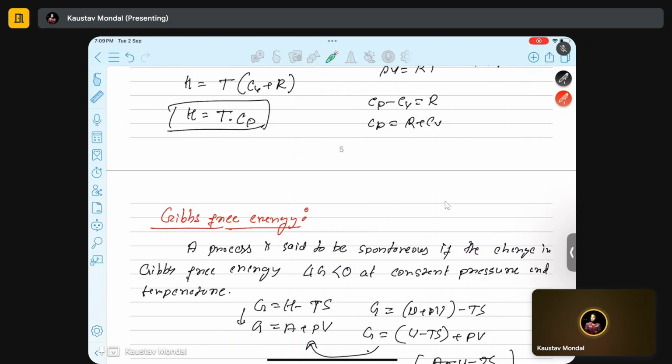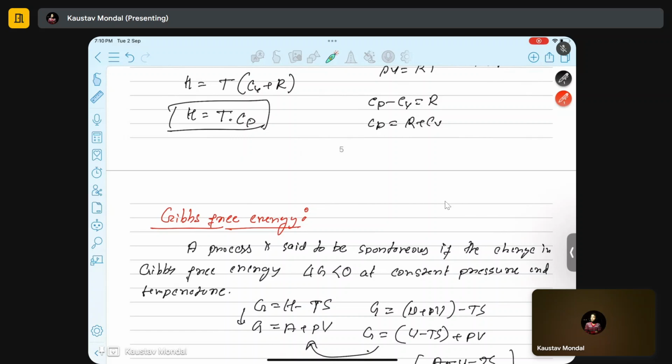Then we derived other potentials: first enthalpy, next the Helmholtz free energy, and lastly the Gibbs free energy. I have also done it for pressure, showing how pressure depends on the canonical partition function and the molecular translational partition function. So all of these things we have done so far.